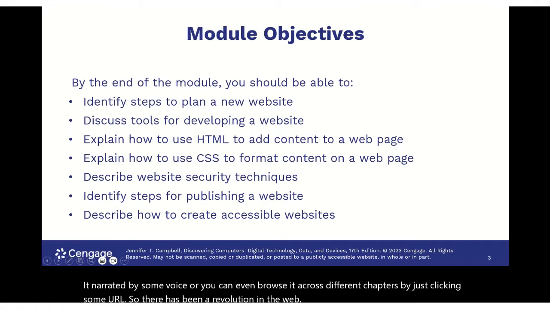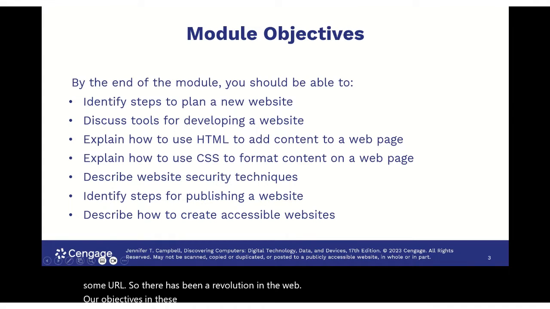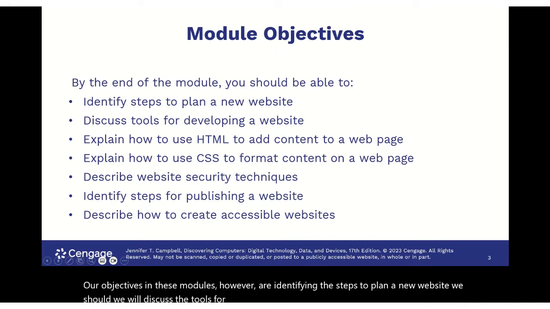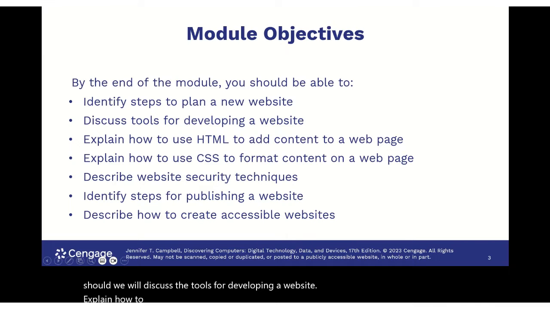Our objectives in this module, however, are identifying the steps to plan a new website. We will discuss the tools for developing a website, and explain how to use HTML to add content to a web page.